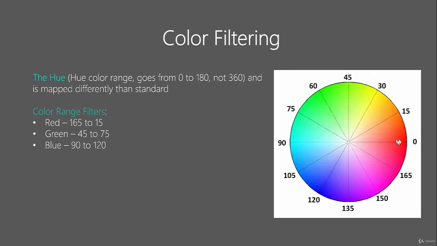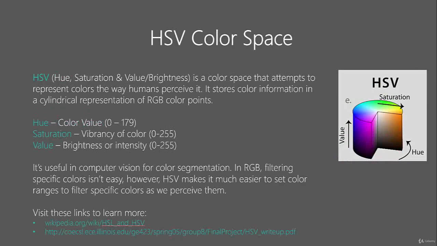This is a representation of a cylinder for OpenCV itself. When you're filtering on color, we're actually filtering on the hue part of the HSV. What I didn't mention before was that hue is essentially color. Saturation is the vibrancy of the color. As you can see in this cylinder, everything tends to go white at the center.